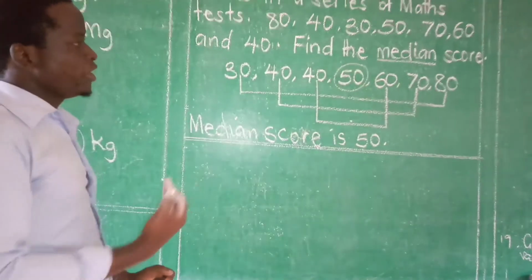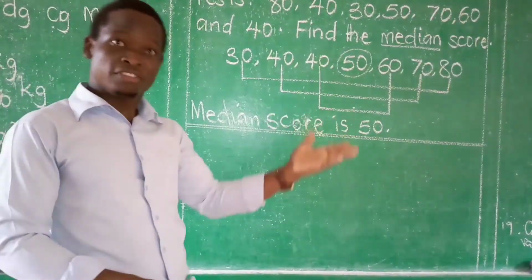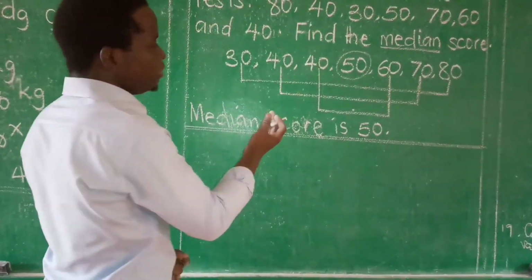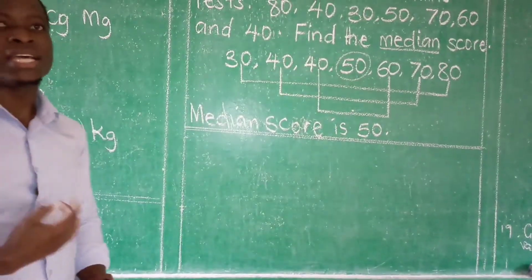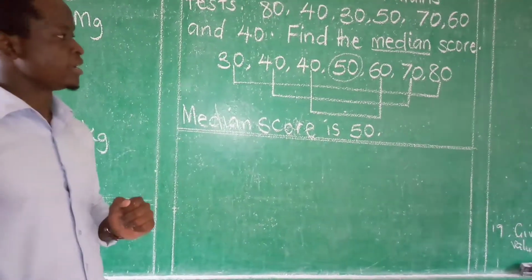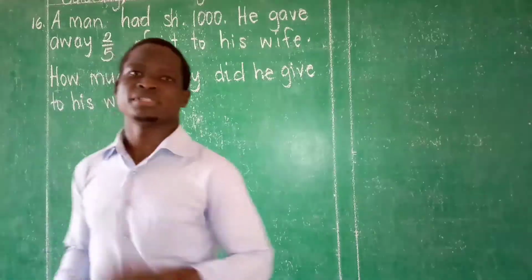If you pair up and remain with the 2 values in the middle, will you pair them up and remain with 0? No. If you happen to get 2 values in the middle, you add them and divide their sum by 2. That's when you will get the median. Okay? Yes. Let's move to question number 16.